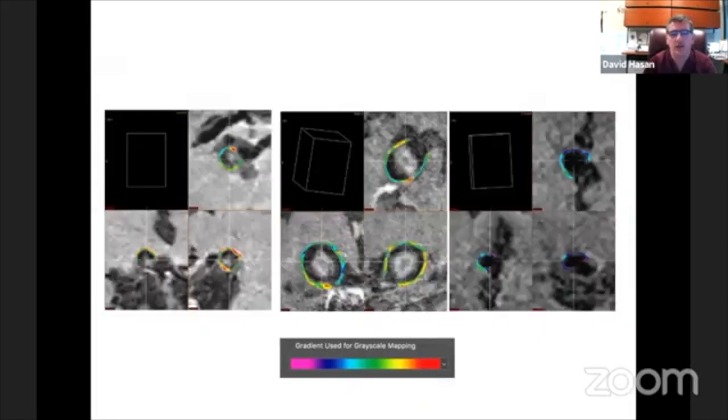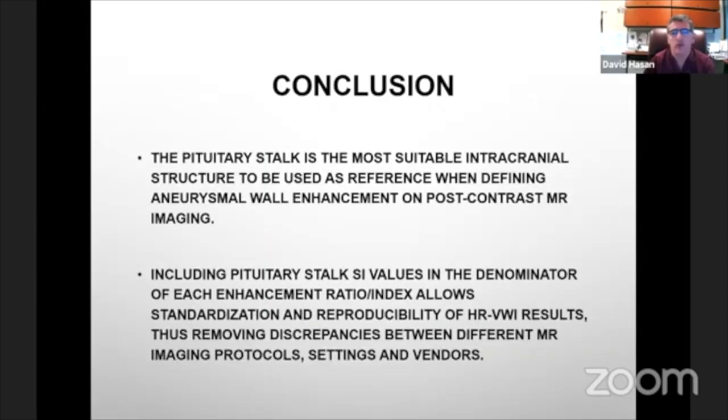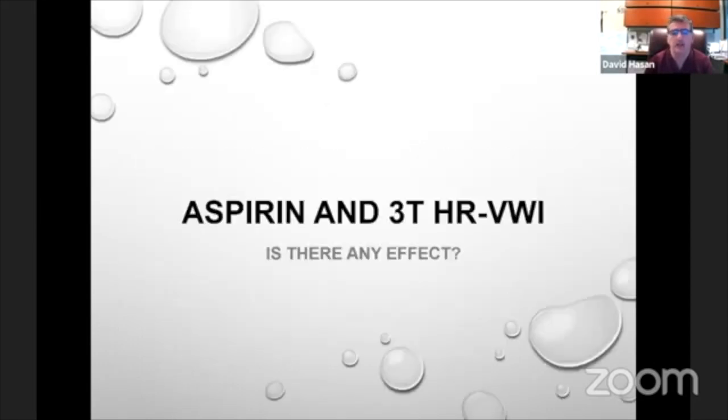We did that on different aneurysms, and you can see here, you can depict semi-automatically the signal intensity instead of using point by point. So what we came to as a conclusion is that the pituitary stalk is the most suitable way to reference the signal intensity, and we can use the semi-automated way to calculate that.